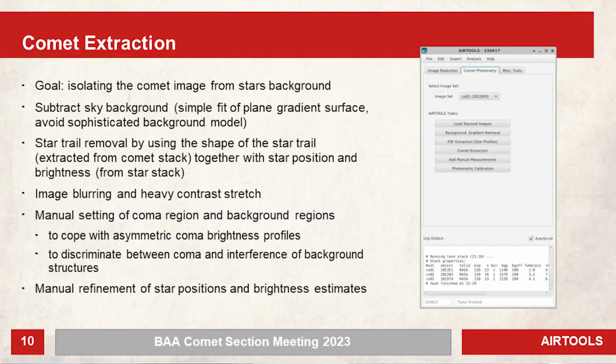The next thing is, if you want to get rid of the star trails in the stack on the comet, I use the position and brightness information from the stack on the stars and the profile of the star trail to scale the intensity, and then you simply subtract off the stars.